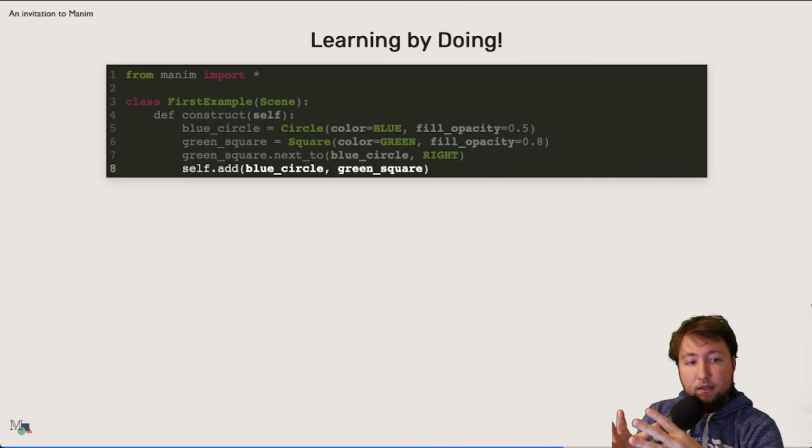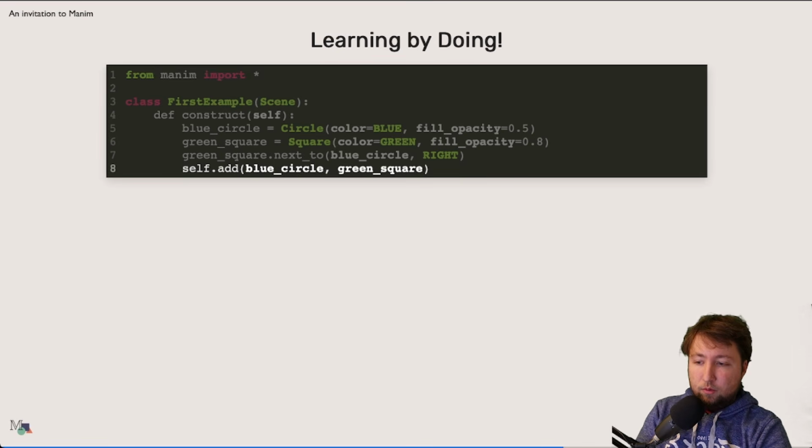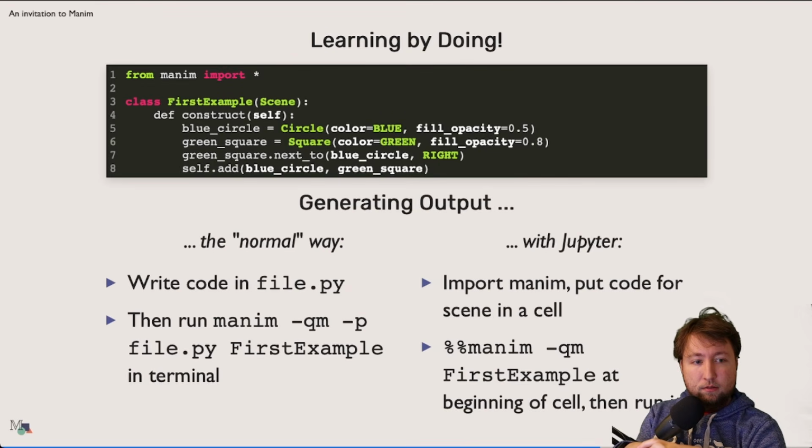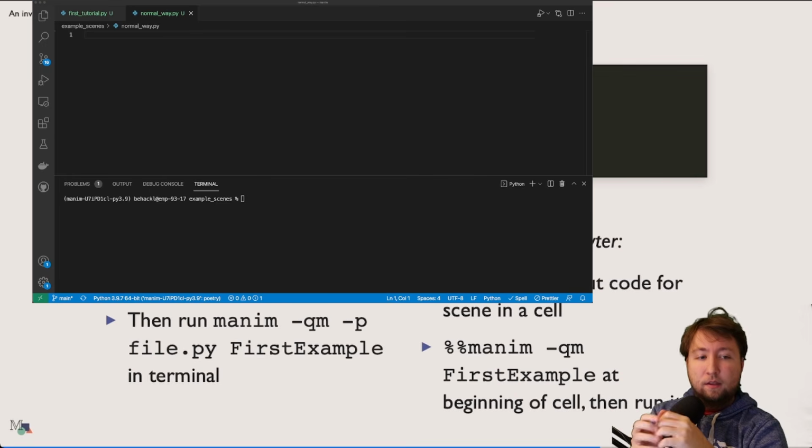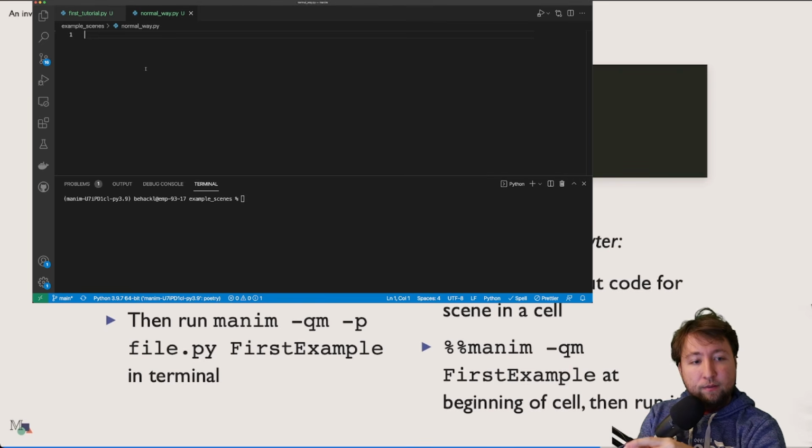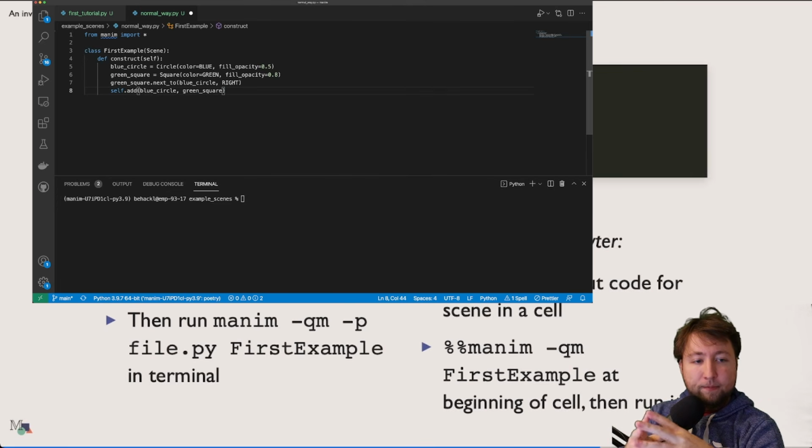How exactly can we ask manim to render the scene for us? Well, there are two main ways that you should know about. You could either do it the normal way. I'll show you an example right up there, where we take this code that we've just discussed, we write it in a Python file, and then run the manim command line utility from the terminal.